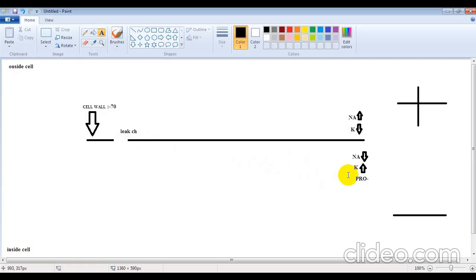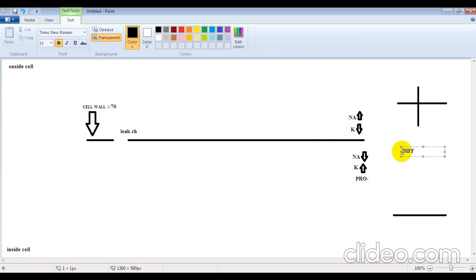Again, you might ask, how does the potassium move from inside the cell to the outside through this channel? To answer this, we recall a concept we studied in high school called the law of diffusion. What does it say? It says that a substance moves from the area of high concentration to the area of low concentration. We said before that potassium inside the cell has a high concentration and potassium outside the cell has low concentration.